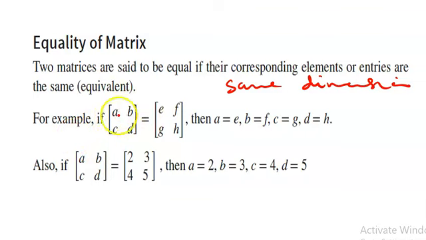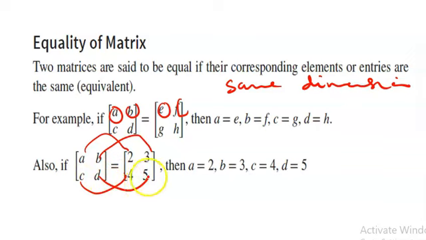This is 2 by 2, 2 rows, 2 columns. And this is 2 rows, 2 columns. So then their corresponding entries are the same. A is equal to E, B is equal to F, C is equal to that. So if we have A, B, C, D, then 2, 3, 4, 5, by equality of matrix, A is 2, B is 3, C is 4, D is 5.